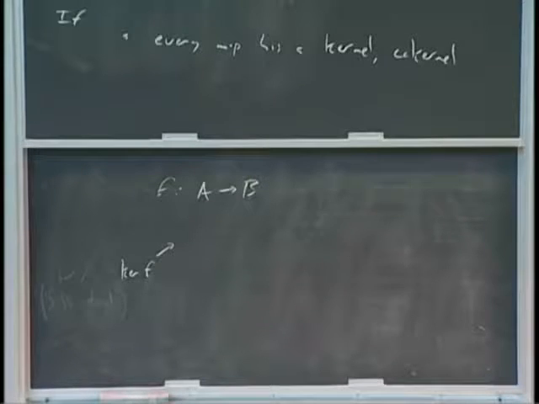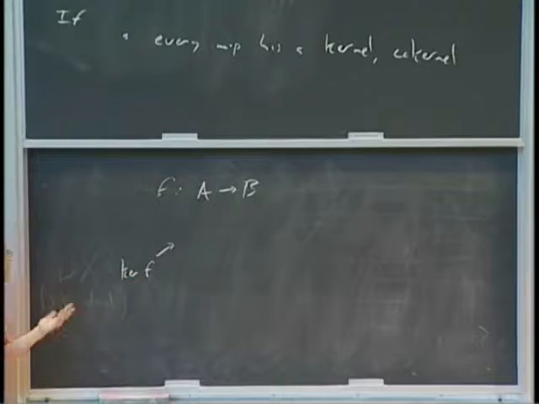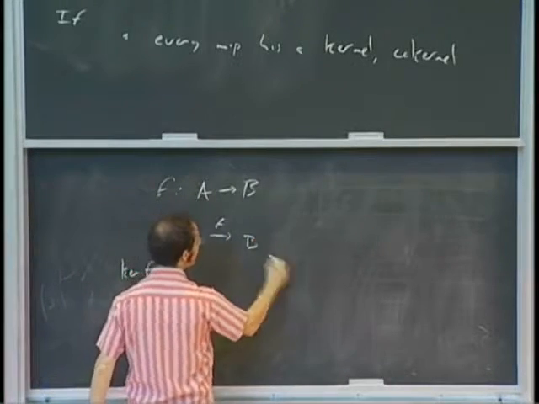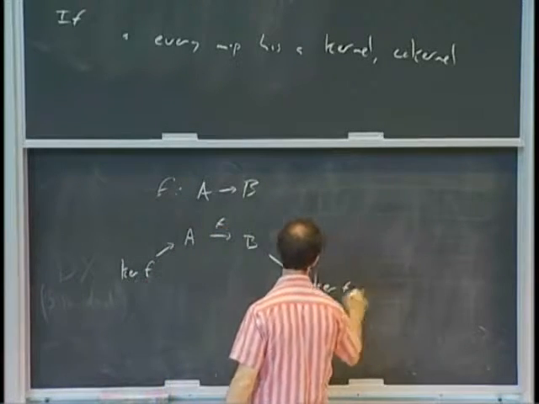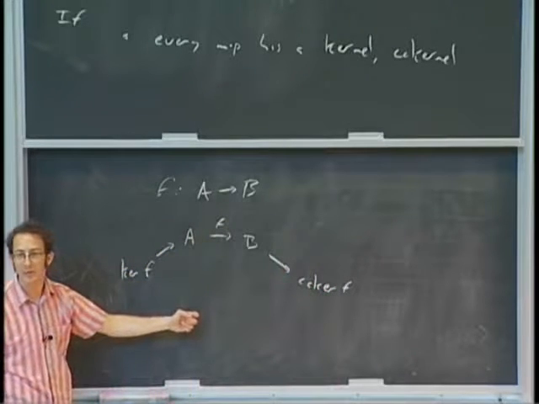So the universal property has to do with having a map to A that obeys certain properties, right? So anyway, we have this map to A, we have F, we have B, we have the co-kernel of F, and now I can take the co-kernel of this map, right?